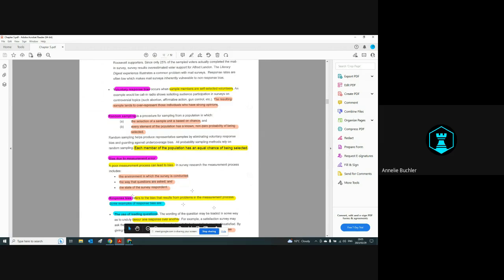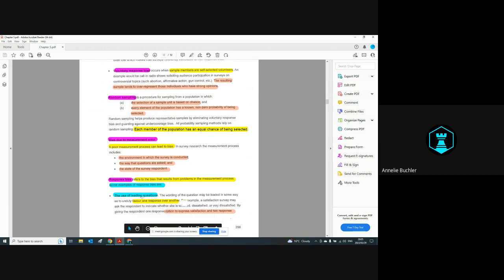Response bias refers to the bias that results from problems in the measurement process. So in your survey, you can use leading questions, which is bias. You might favor one response over another. For example, a satisfaction survey may ask the respondent to indicate whether he or she is satisfied, dissatisfied, or very dissatisfied.